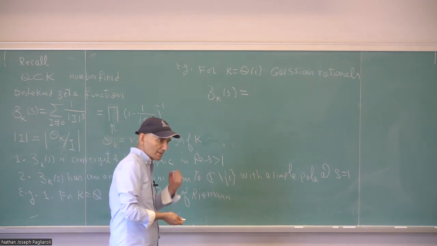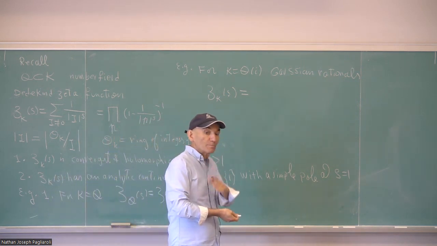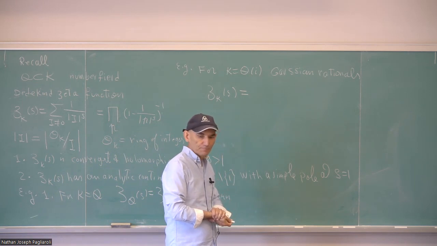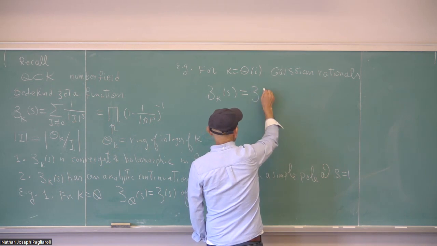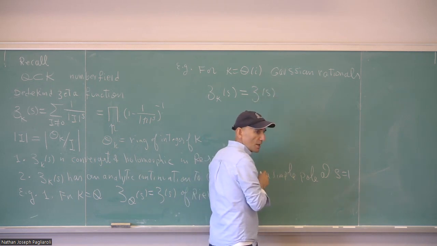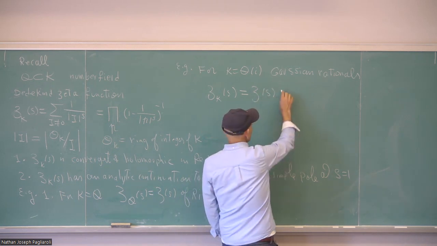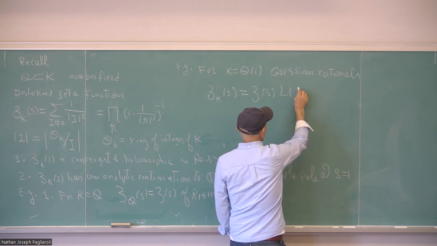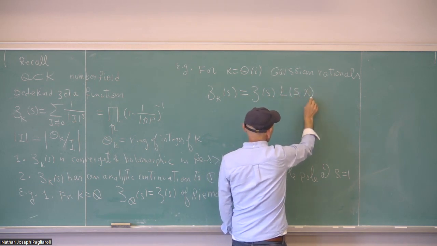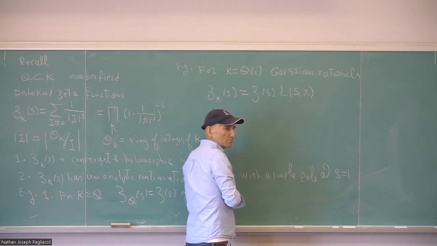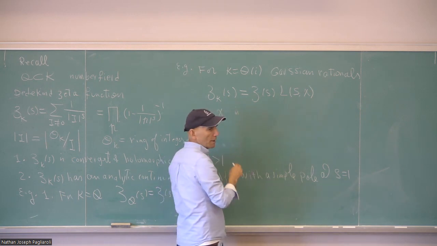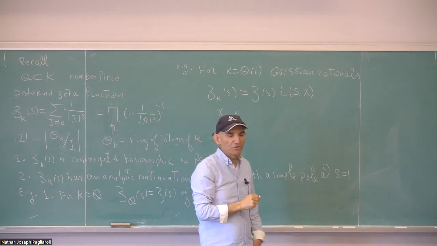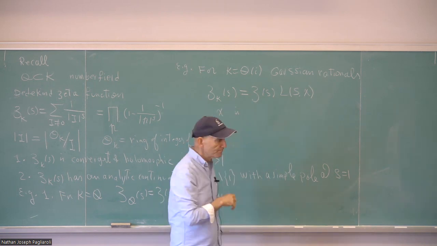I proved it in the last lecture. It's really like the Riemann zeta function zeta(s) times an L function L(s, chi), where chi is a Dirichlet character.